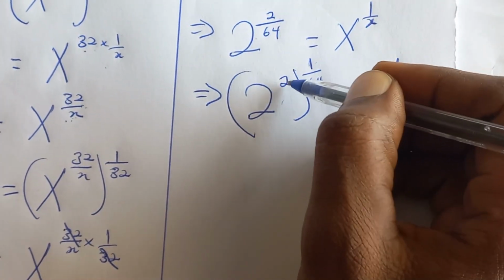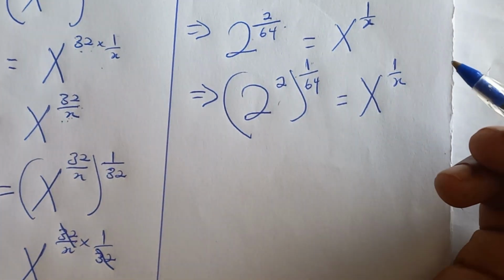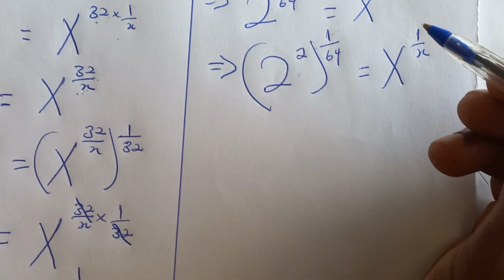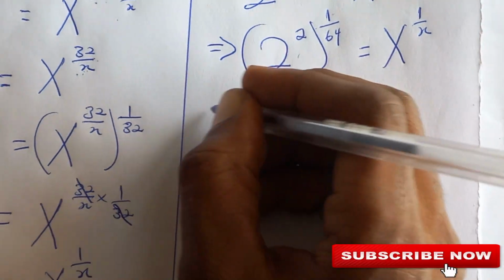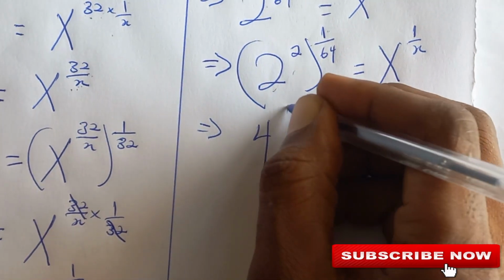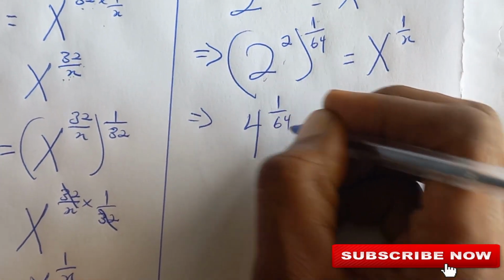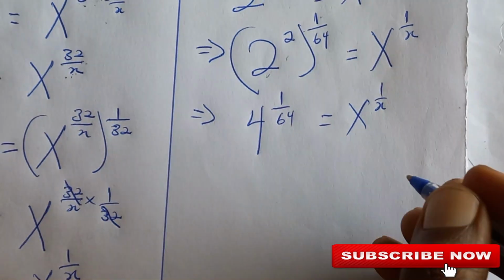So 2 times 1 gets back this. Now 2 squared is 4, so we get 4 exponent 1 on 64 is equal to x exponent 1 on x.